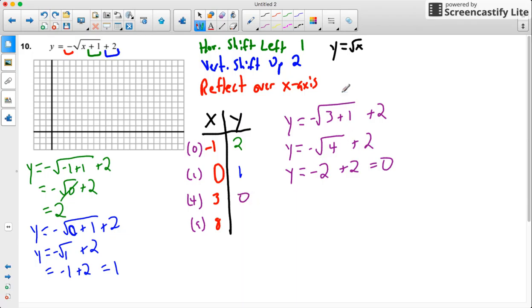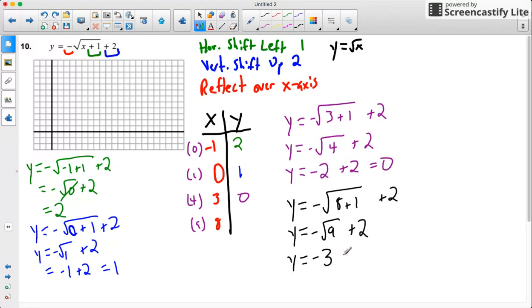And finally, let's do the last one. Y equals the negative square root of 8 plus 1, all plus 2. So y equals negative square root of 9 plus 2. The square root of 9 is 3, so this is negative 3 plus 2, which is equal to negative 1. So here are my 4 points.